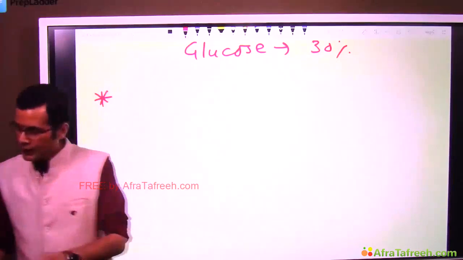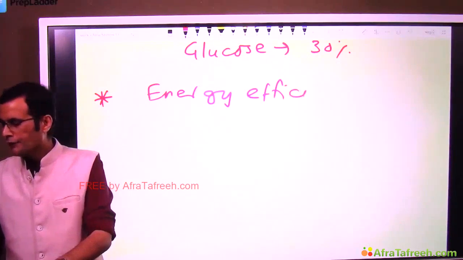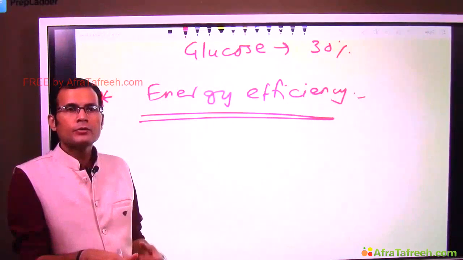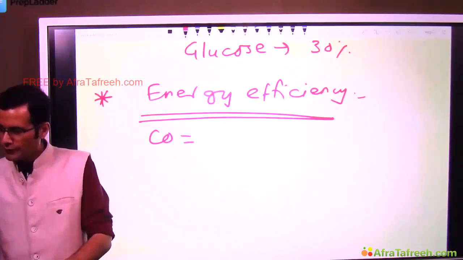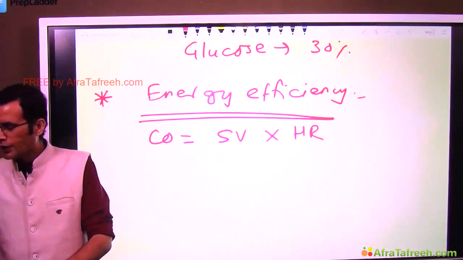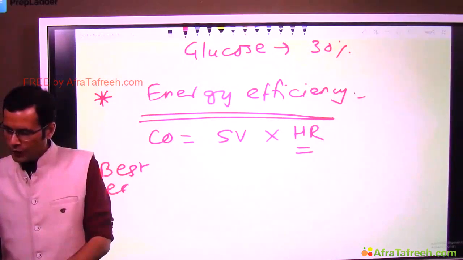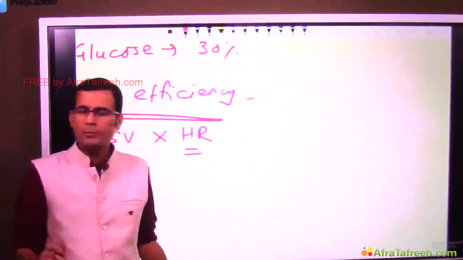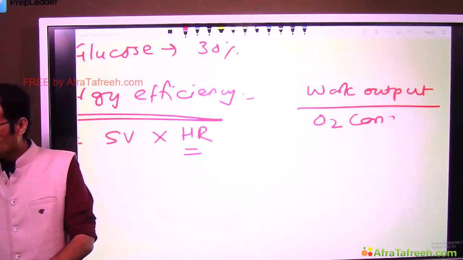Now next, energy efficiency. Energy efficiency of the myocardium. What type of cardiac output is economically the best one for the heart? Look, cardiac output is equal to stroke volume times heart rate. We know that already. So, best economy of the myocardium. When I say economy of the myocardium, I mean the ratio of work output per unit O2 consumed.